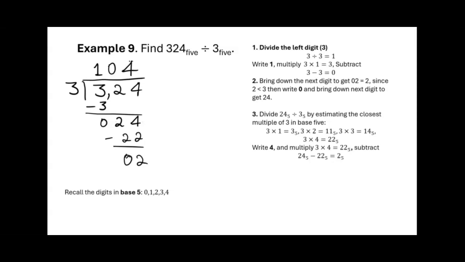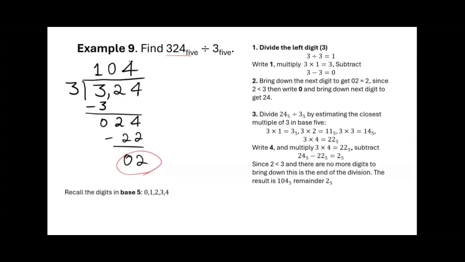I stop there because 3 does not fit into 2 anymore, and there are no more digits to bring down, so I finish. So we can say that if you divide 324 in base 5 by 3 in base 5, the result is 104 in base 5 with a remainder of 2.